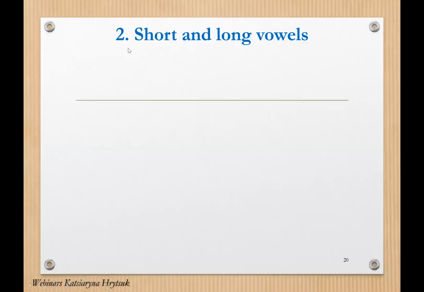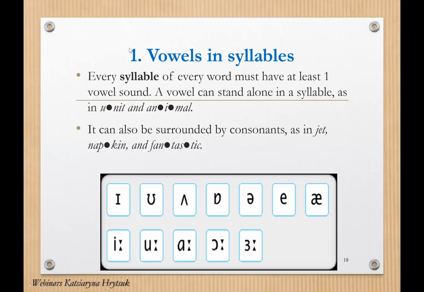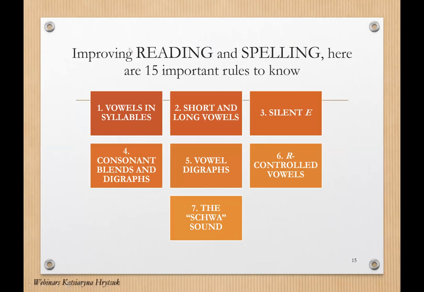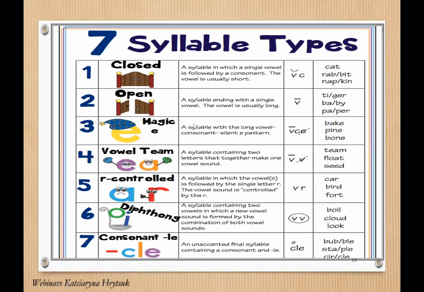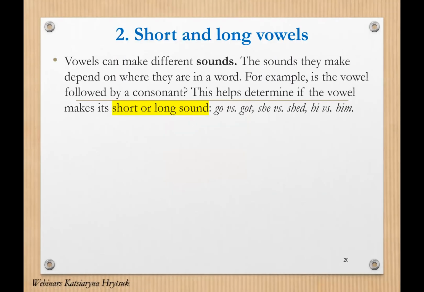Now, the second rule, remember, that was the first. Now, we were talking vowels in syllable. Now we move to short and long vowels. Okay, so vowels can make different sounds. The sounds they make depend on where they are in the word. For example, is the vowel followed by a consonant?